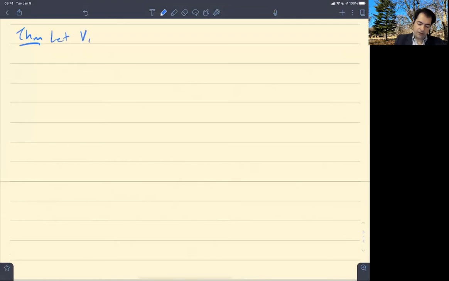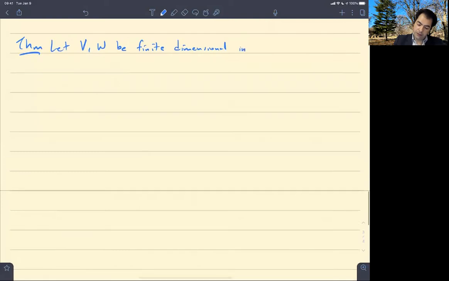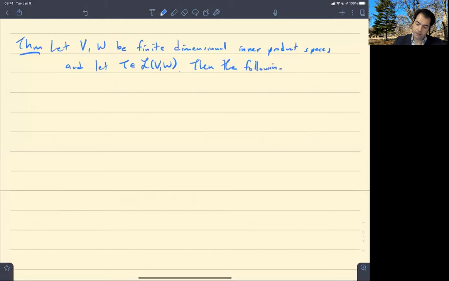So now let V and W be finite dimensional inner product spaces, and let T be a linear map between V and W. Okay, then the following are equivalent.